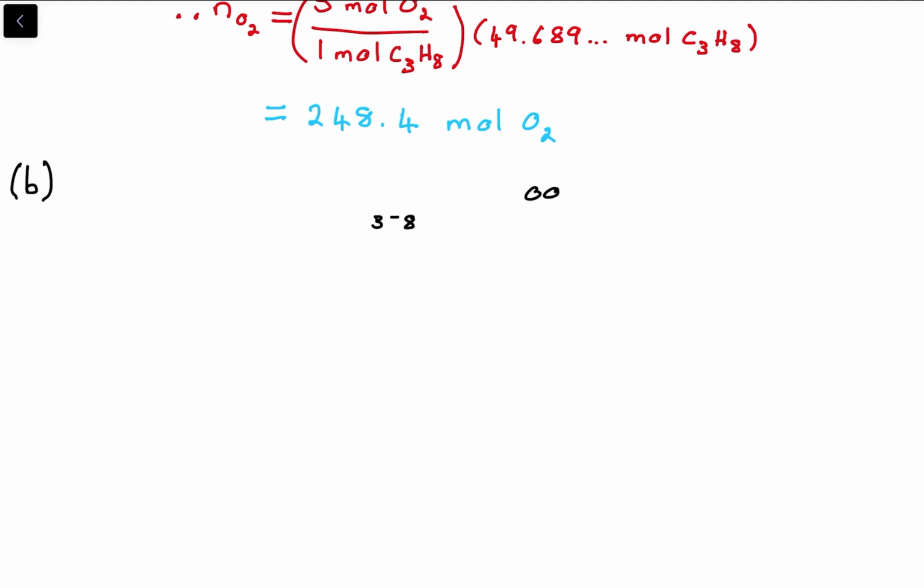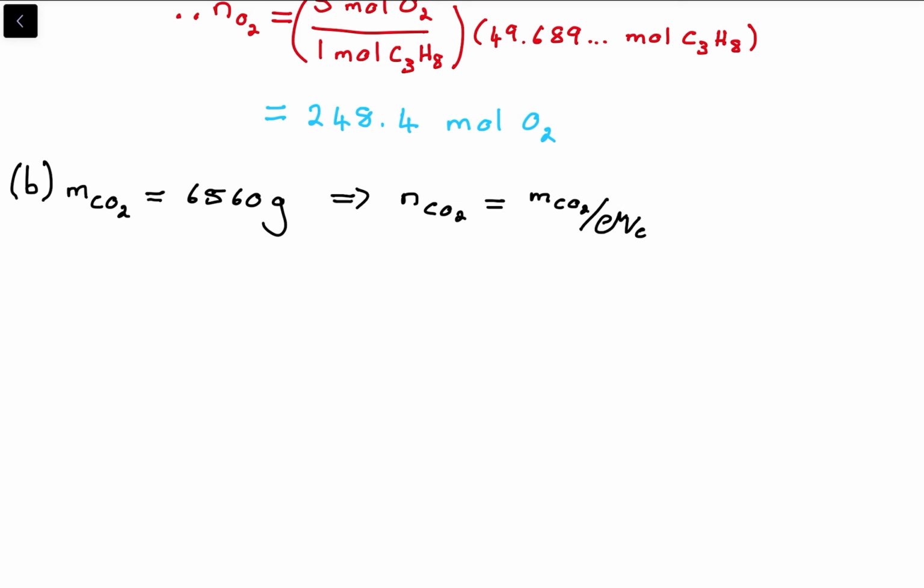So let's start by calculating how much CO2 actually forms. The mass of CO2 is what's given to us. Mass CO2 is given as 6.56 kilograms, so that's 6,560 grams. That then means the number of moles of CO2 is of course equal to the mass of CO2 divided by the molar mass of CO2.